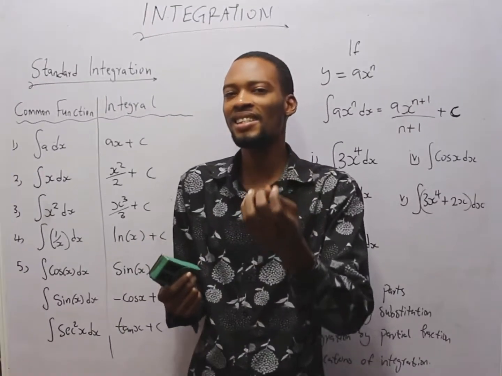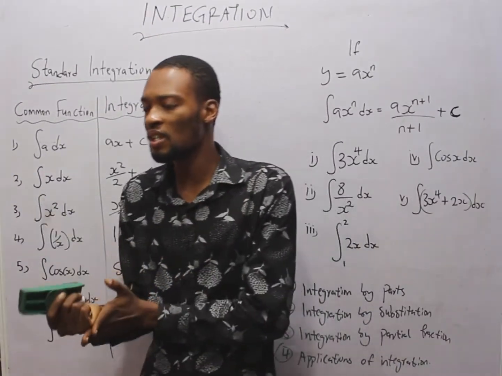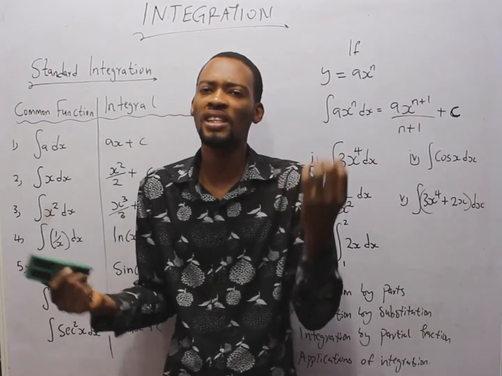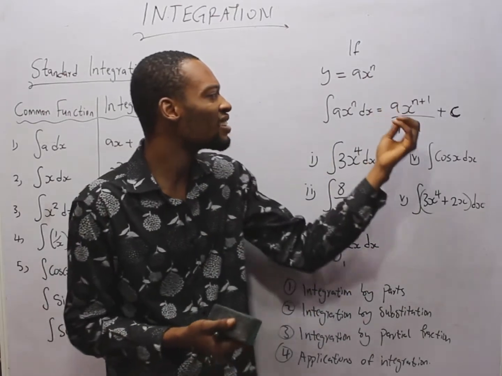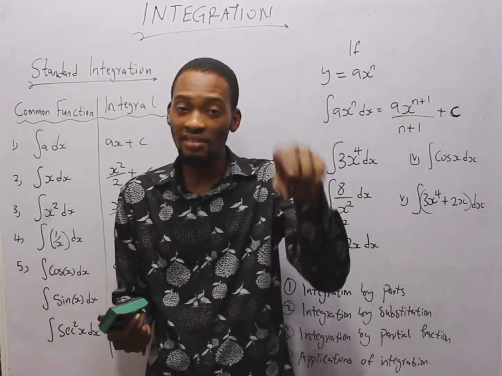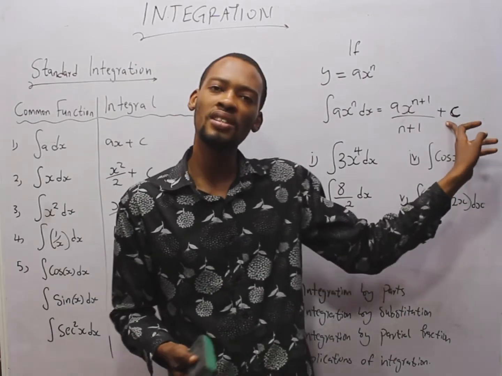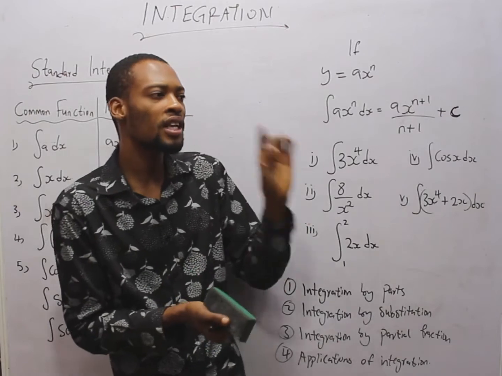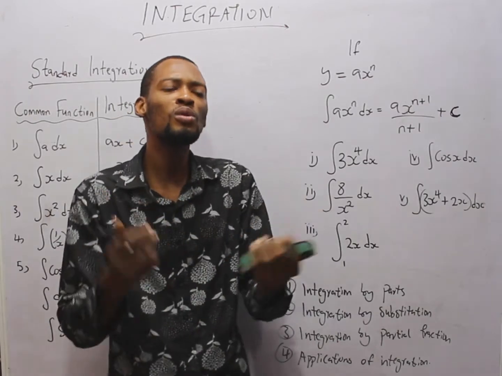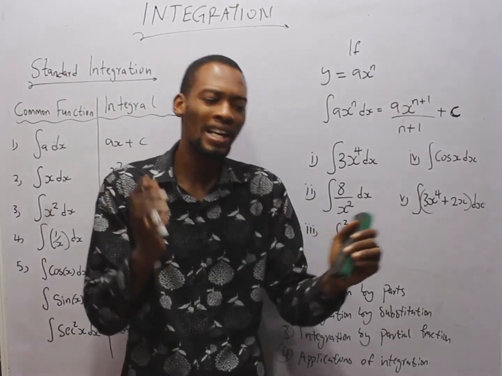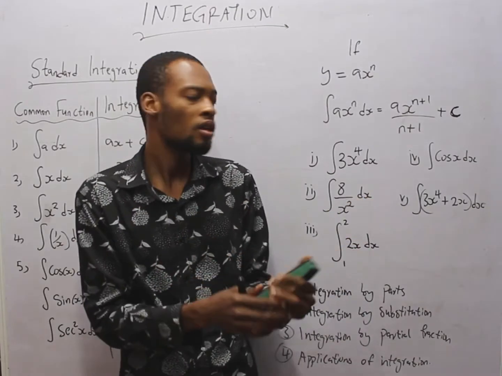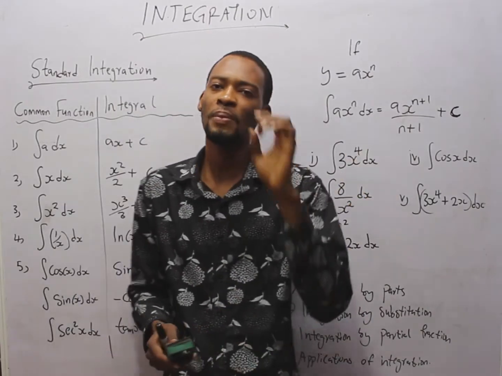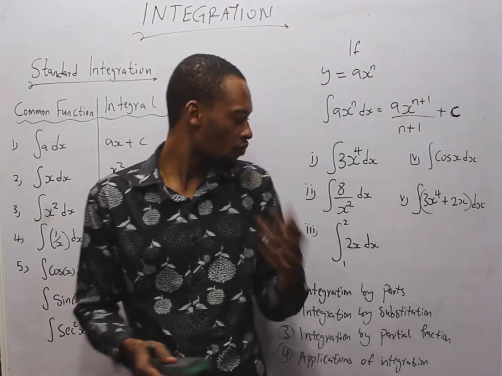In integration techniques for definite integrals, we'll be able to look for the constant, then solve and add that constant. But for indefinite integrals, we simply add plus c.